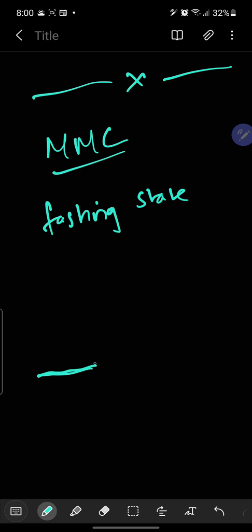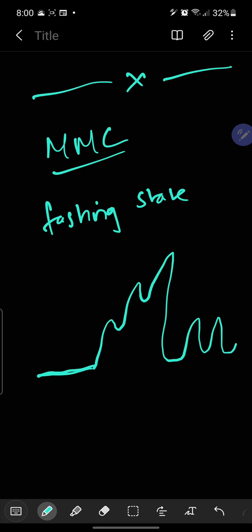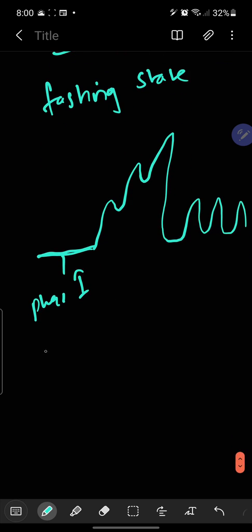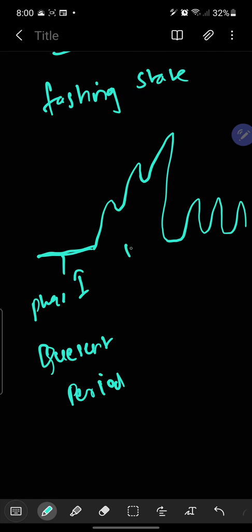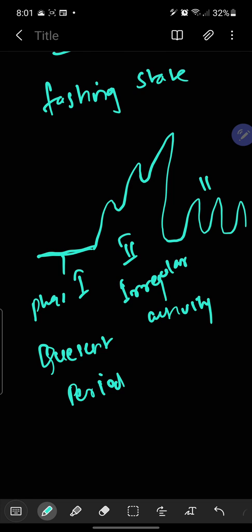Phase 1 has no activity, so it is called the quiescent period. Phase 2 has irregular activity. The third phase has regular activity, a burst of regular activity.